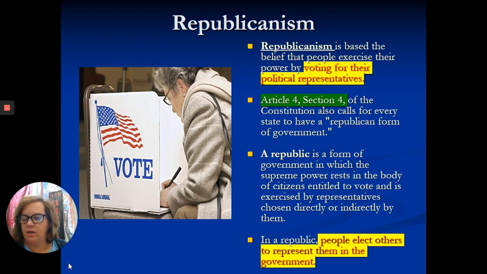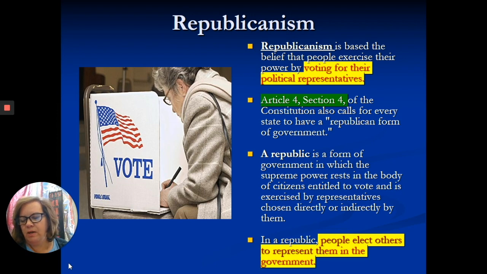And they made the argument early on that republicanism would be the way that we could function as a large republic. And when you have over 300 million people in your population and are citizens of the United States, it's very hard to have a direct democracy. So republicanism is the idea that we go to vote. And when we vote for individuals who are going to represent us.